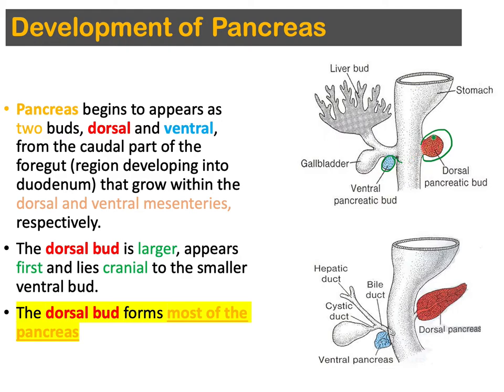The dorsal bud appears first and is a little higher, cranial to the smaller ventral bud. I would like you to know from the beginning that the dorsal pancreatic bud forms most of the pancreas.